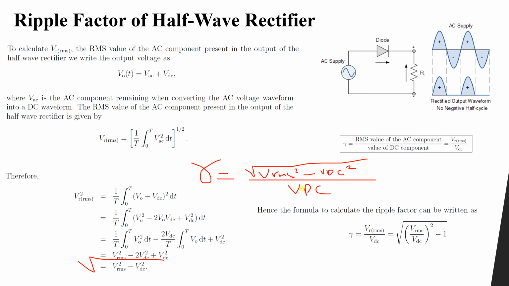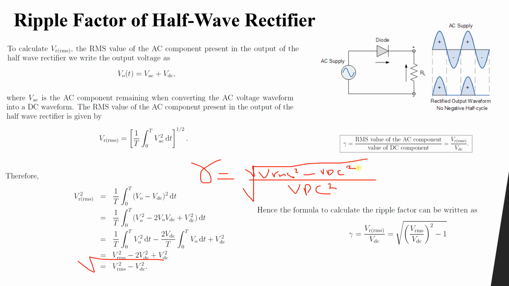If I would like to get VDC under the square root, I put it under the square root and make it VDC square. Dividing, VRMS square over VDC square minus VDC square over VDC square gives us minus 1.